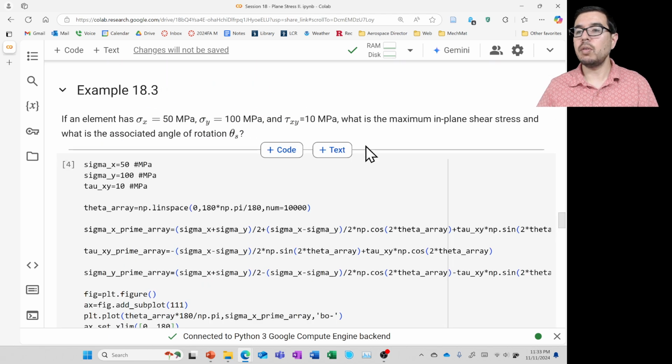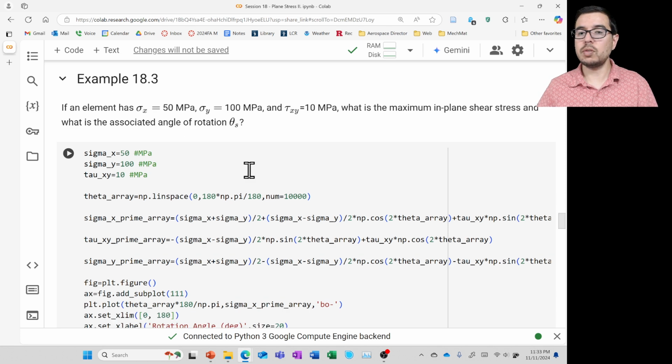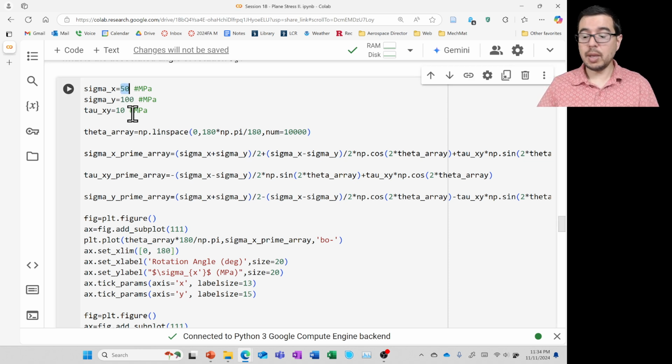And here we go. Maximum in-plane shear stress for a given state of stress. So what we're going to do is plug in our values and see what we get. So we have sigma x 100 megapascals, sigma y equals minus 100 megapascals, and that was the state of principal stresses, and the tau xy was equal to 0.